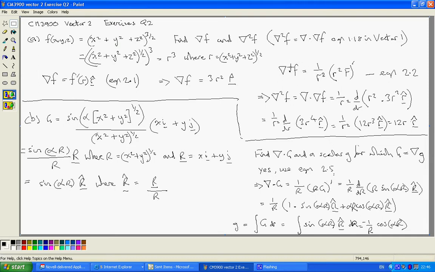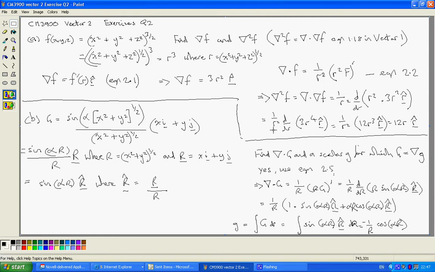Now we know that del dot f is given by 1 upon r squared times the derivative of r squared f. Therefore, del dot del f is 1 upon r squared times the derivative with respect to r of r squared times del f, and we already have that del f is 3r squared r hat, and that has to be multiplied by r squared, hence the appearance of r squared in there.